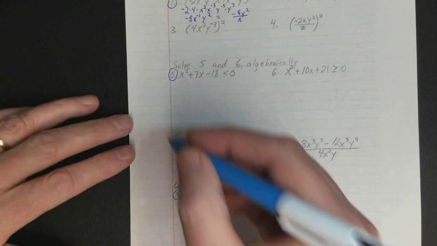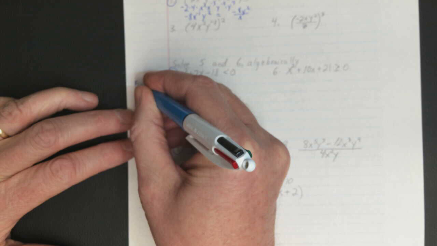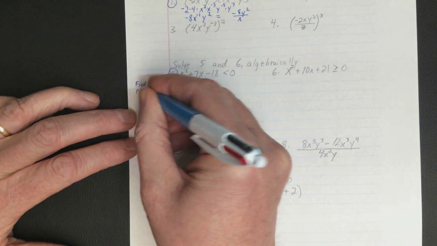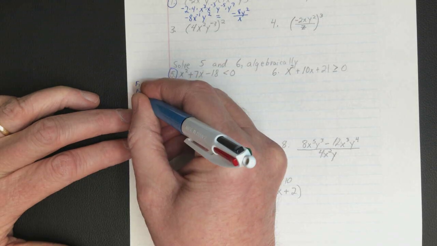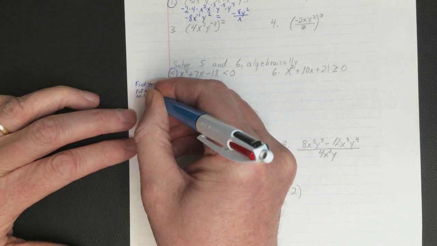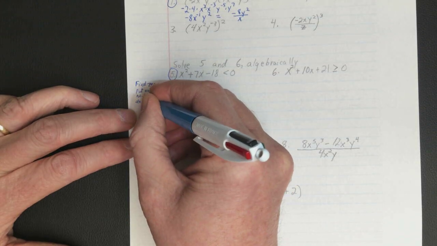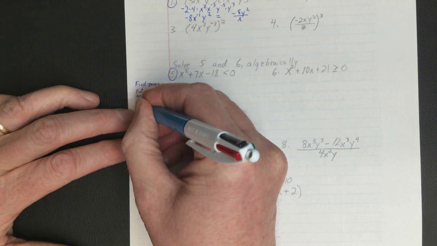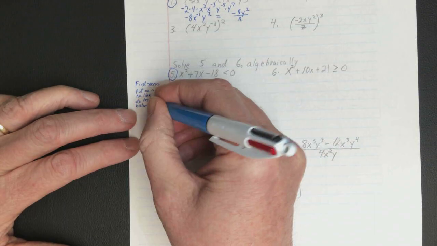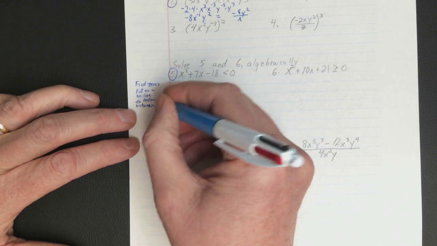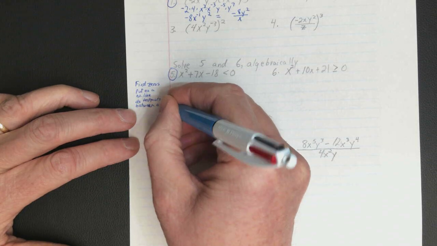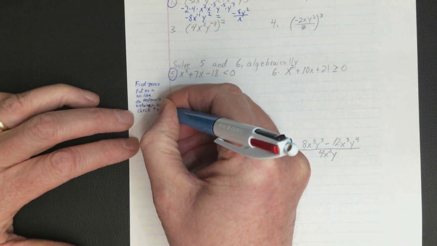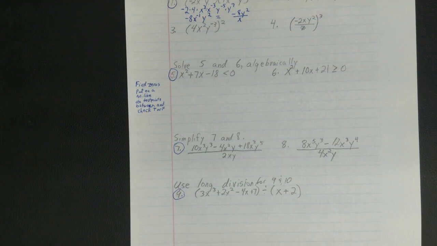We're going to solve it algebraically, which means we need to first find the zeros, put them on a number line, do test points between, and check if it's true or false. The true parts will be part of the solution, the false parts will not.